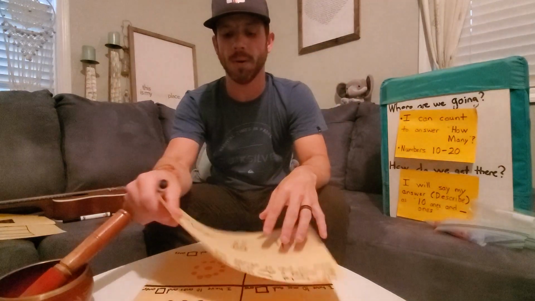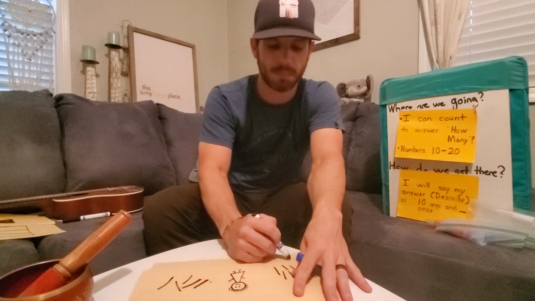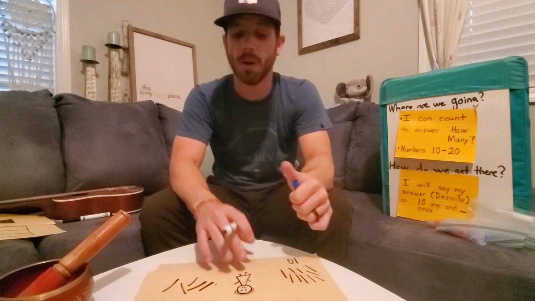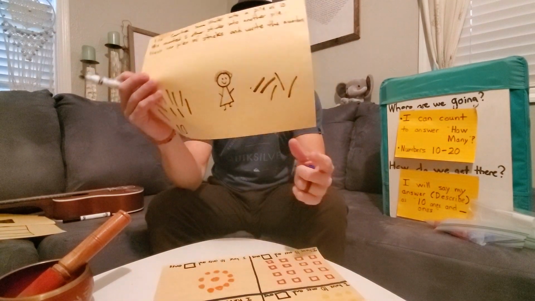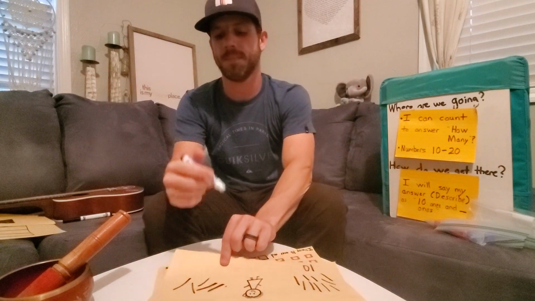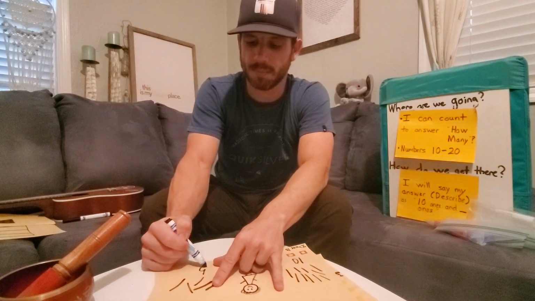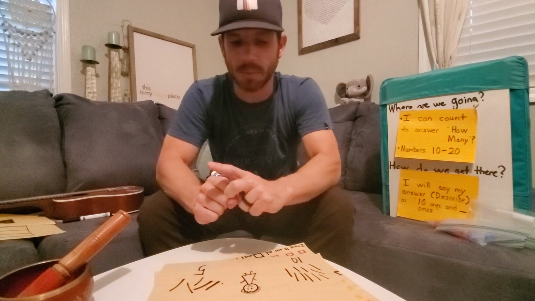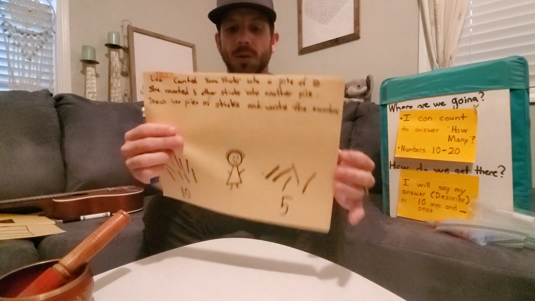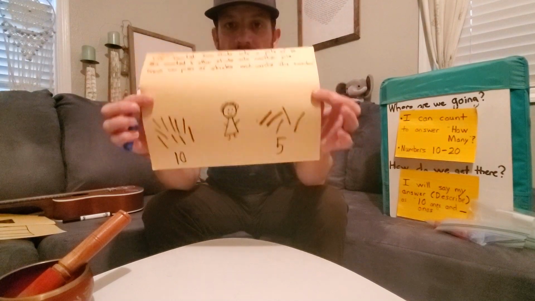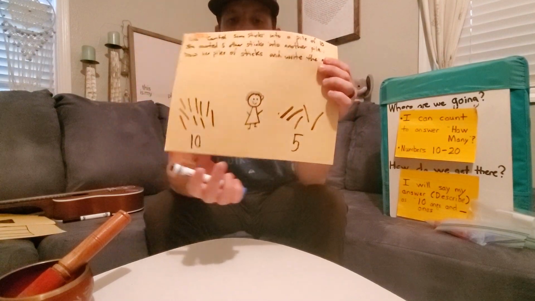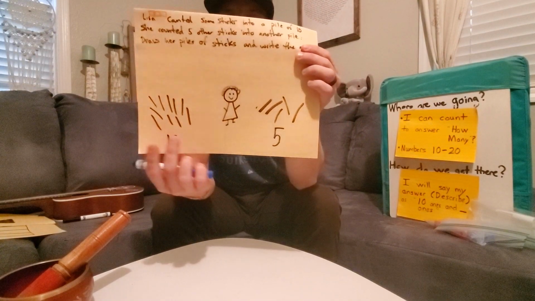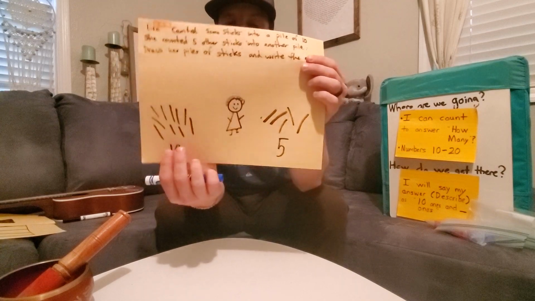We can write that number. And then we have one pile of 5. So your application problem today, or your story problem for Eureka Math Lesson 5.2, is going to look like this on Seesaw. You're going to draw Lisa, draw her 2 piles of sticks, and then write the numbers underneath each pile.